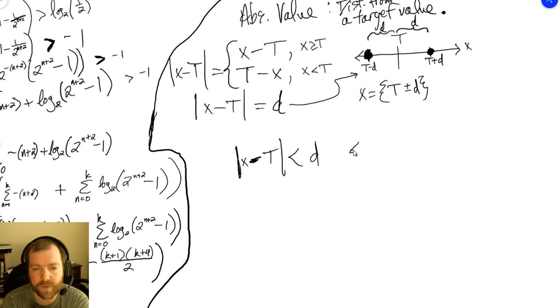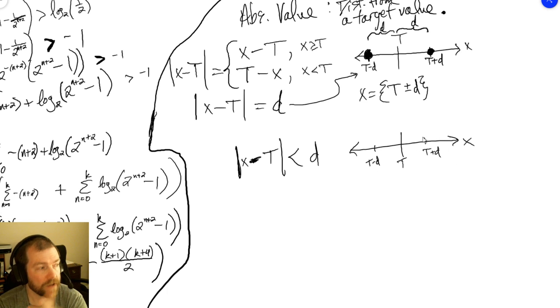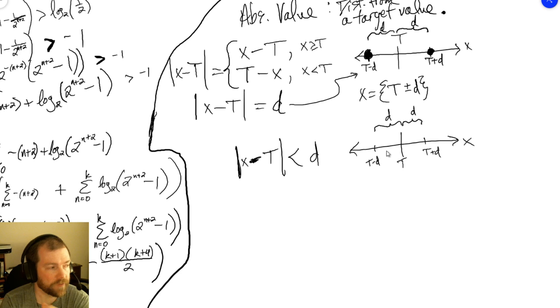So this says that we can use the same picture. So here t minus d, here t plus d. I'm still going to get those 2 points as my border points because this is the maximal distance that we can travel. Well, if this is the maximal distance we can travel, that means that the acceptable values are going to be less than that away.